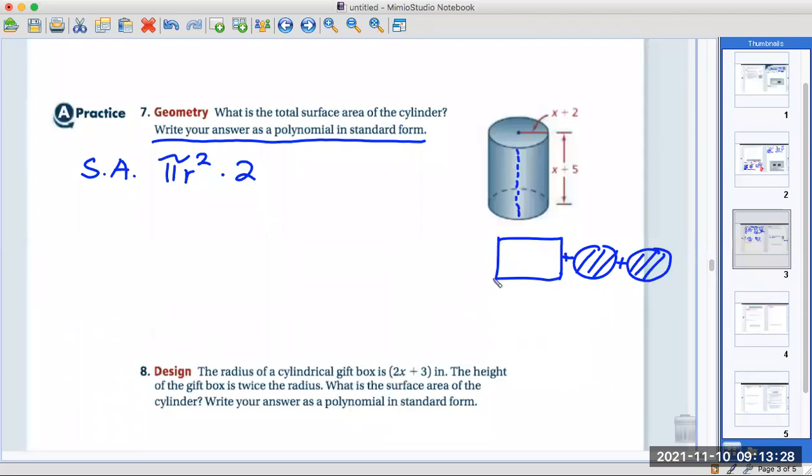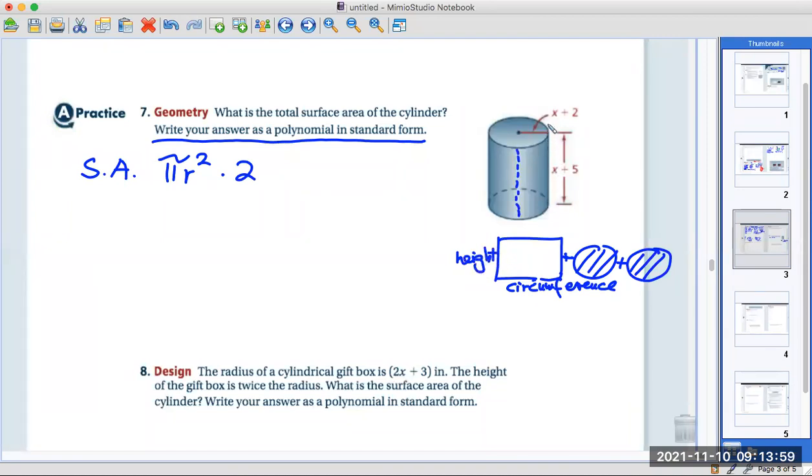So the height of the rectangle times the circumference of this. When you unroll it, this circumference is the length, circumference, and then times the height.